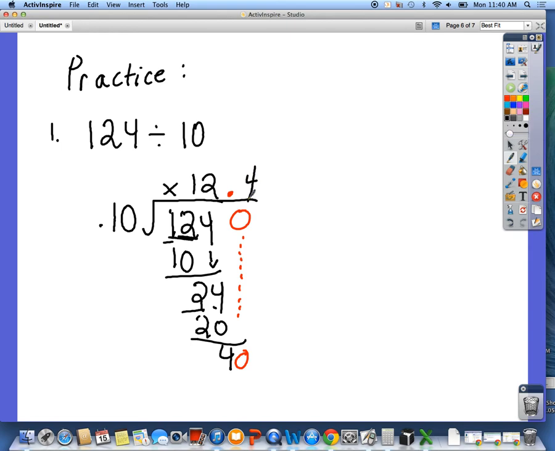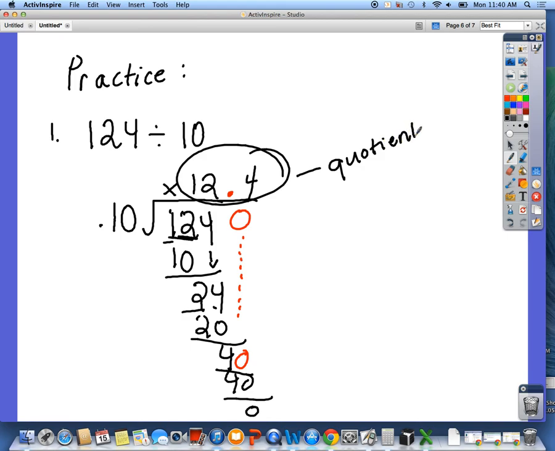So you've got your answer. Let's just check. 0, 40 times, subtract, and you get 0. So there's your quotient with a decimal. You have to remember, annex that 0 by adding a decimal.